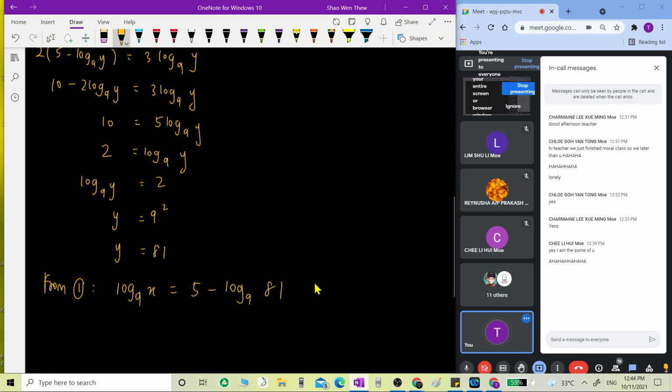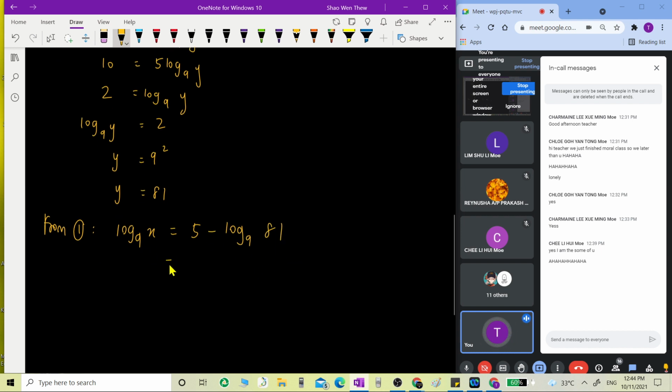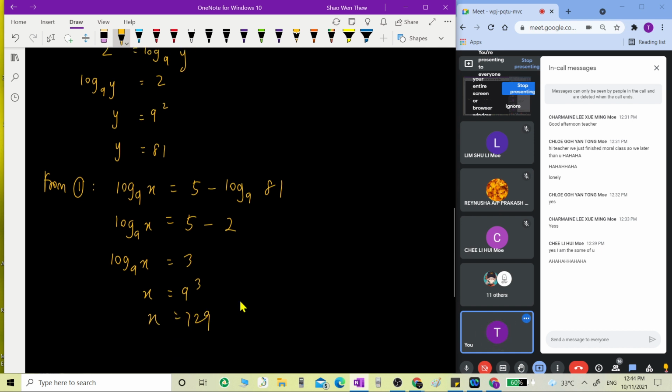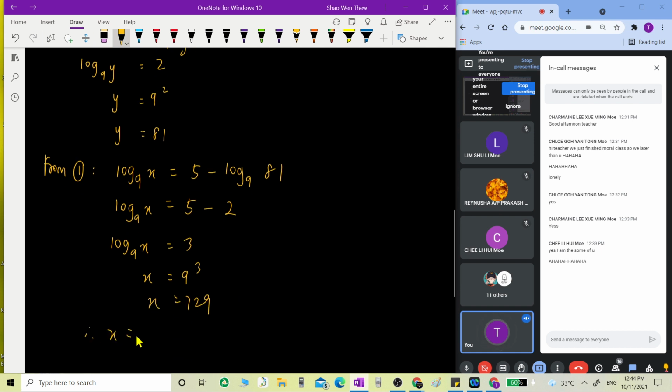Log 9 81. So this one is 5 minus 2, right? Because 9 square, I can write 2 directly. So log 9x equal to 3. So x equal to 9 power 3. x equal to 729. So this is your final answer, 729 and 81.